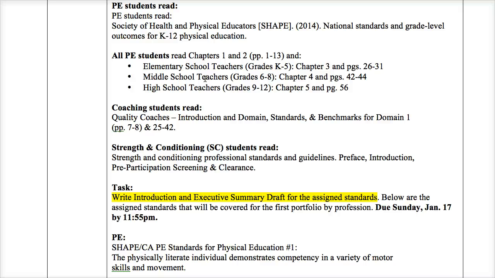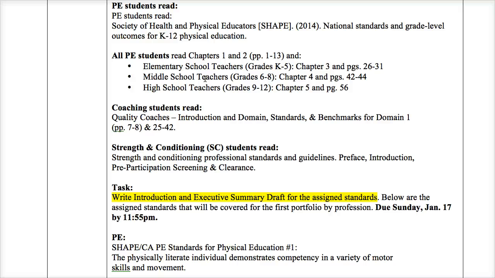If the majority of your salary comes from coaching, or if you're in a situation where the majority of your salary is from teaching, but it's not teaching PE, you're teaching history, but then you are also a coach, you're going to be working on the coaching standards because we're not going to do history standards in this class. So you follow the coaching standards. And if you're a strength and conditioning individual and that's your primary job, you'll follow the strength and conditioning standards.